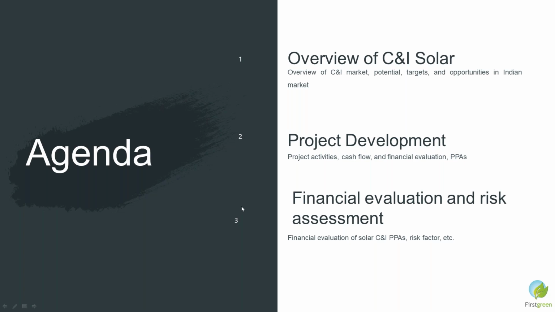Then we will discuss the project development process, how to originate projects, what the issues related to rooftop solar PPAs are, and how the cash flows look. Finally, we will have a financial evaluation sheet in which we will see how the project cash flows are affected in a commercial and industrial PPA.